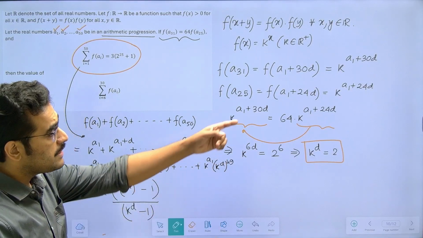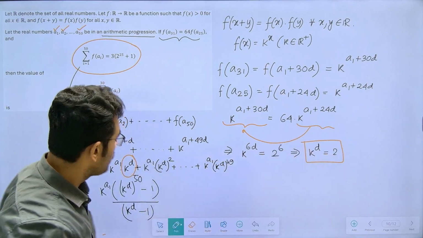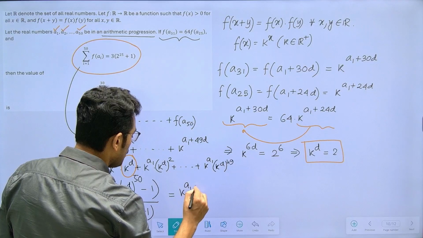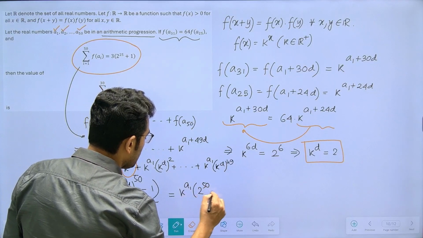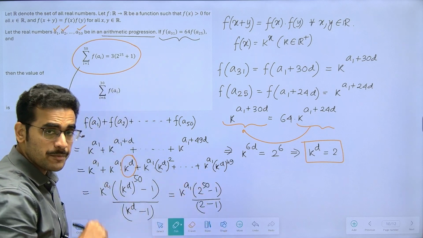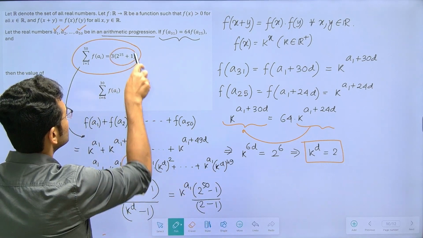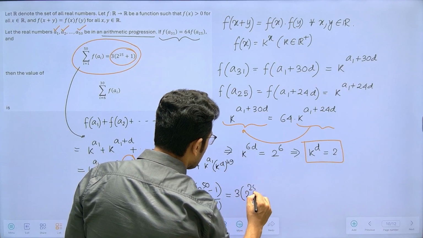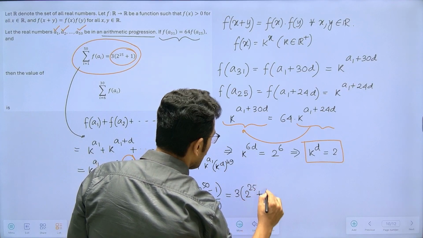So k to the power d value we already have seen, it is 2. So substituting 2 here, we will get k to the power a1 into 2 to the power 50 minus 1 by 2 minus 1. This is the sum of the GP, and this is given as 3 into 2 to the power 25 plus 1.